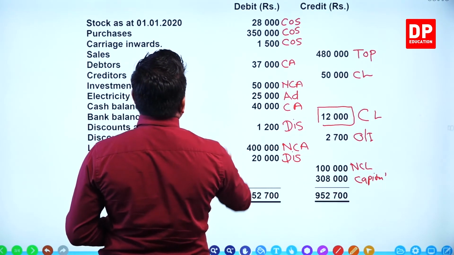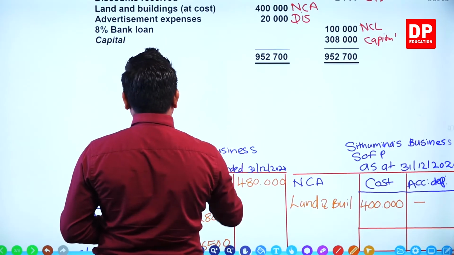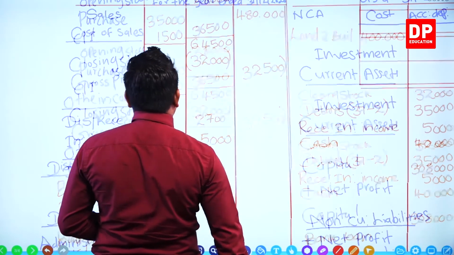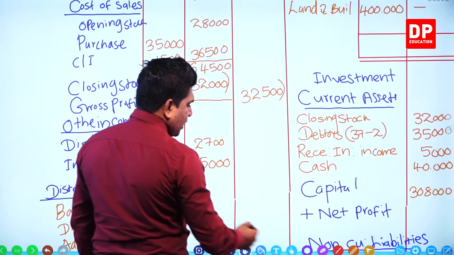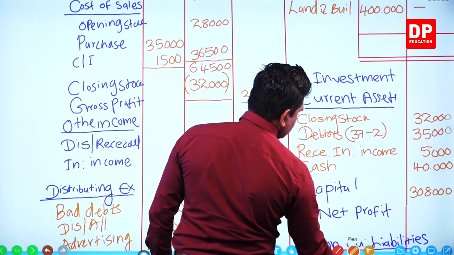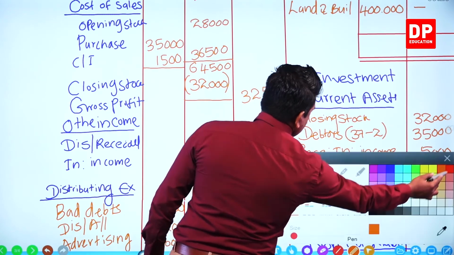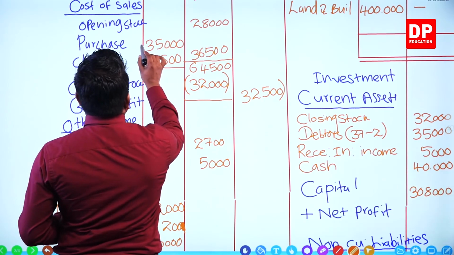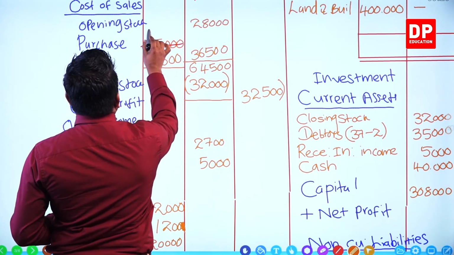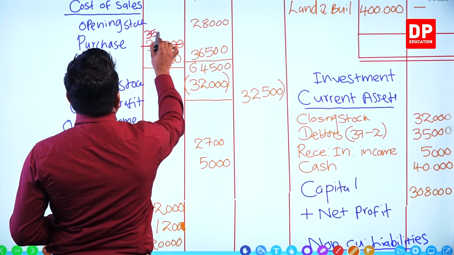It should be 350,000, not the 35,000. Then you have to change the value. I use the red color to write the real values. Actually, this is 350,000. You change it here.